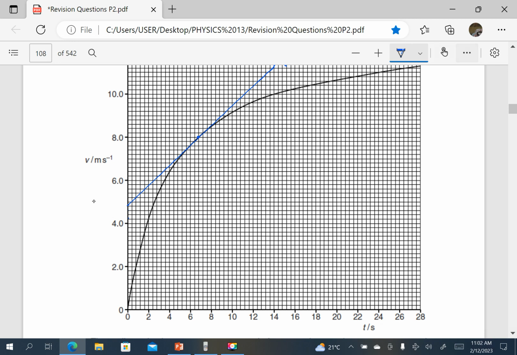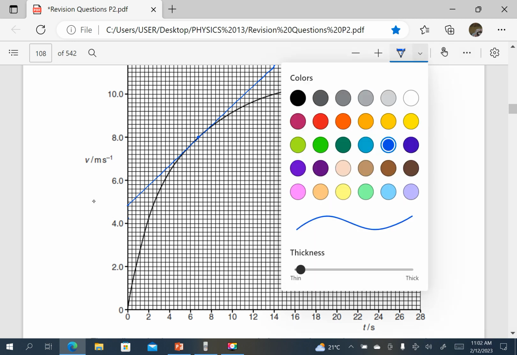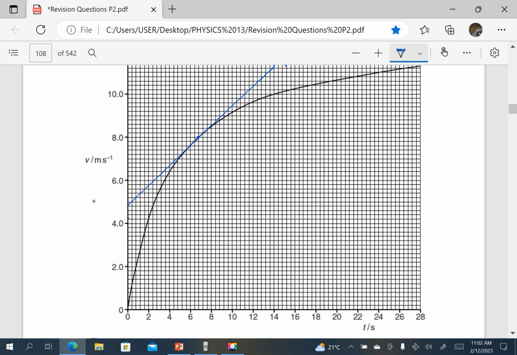Okay, I'm trying to draw a tangent, which is not easy. I've tried to draw a tangent there, so I'm going to find the gradient of that tangent.